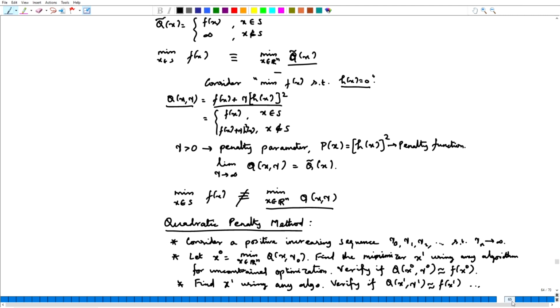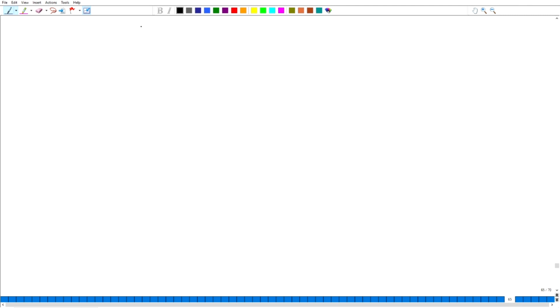So, the algorithm for the quadratic penalty method is as follows. In the first step, initialize x naught, k equal to 0, a tolerance, and the sequence gamma 0, gamma 1, gamma 2, dot dot dot.